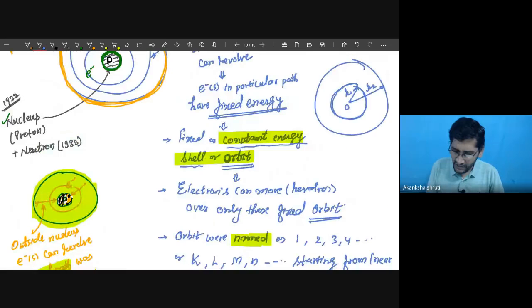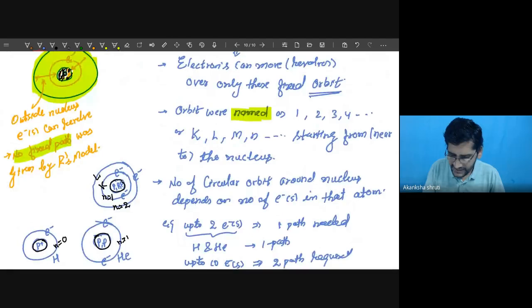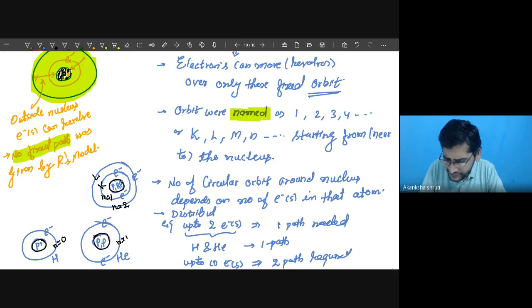The distribution of electrons in these shells is called electronic configuration. And write one more thing here: how many orbits or circular paths there will be depends on the electrons. But this distribution of these electrons in their orbits is called electronic configuration.